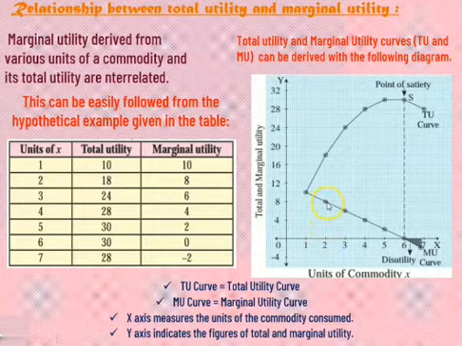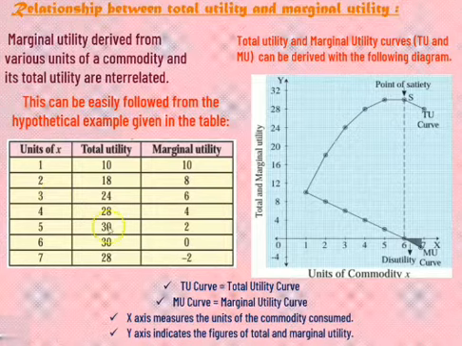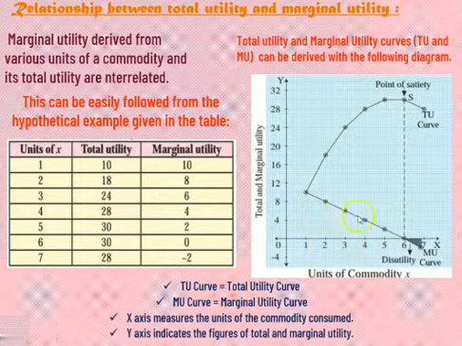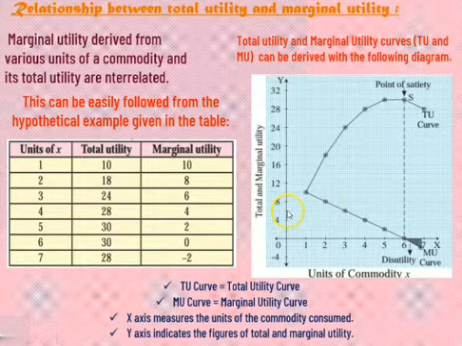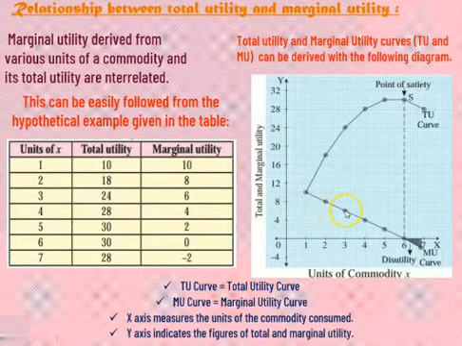So we are going to put a dot over here. When the third unit of the product X or pizza, as I said in the example, marginal utility is 6, so the third unit marginal utility is 6 here. Here we have drawn one line at 6. Either you can draw a line or you can just put a dot over here.